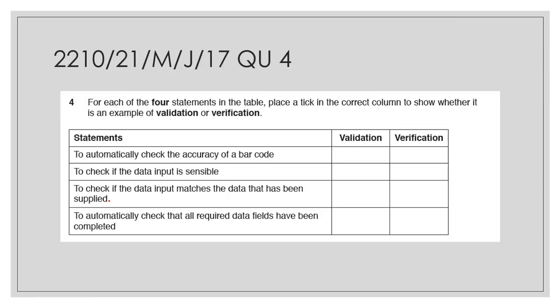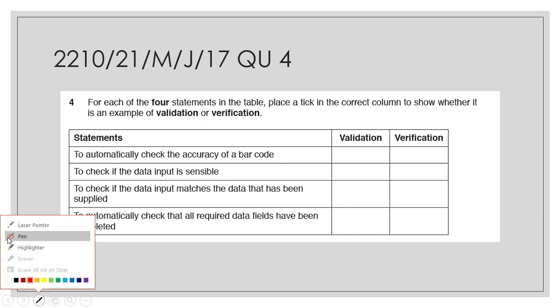Now, this is a quick exercise on validation and verification from June 2017, question number 4. You're provided with statements and asked to tick whether it is validation or verification. You can pause the screen to take a look at these statements, and then we're going to look at the answers. So the first one, to automatically check for the accuracy of a barcode.